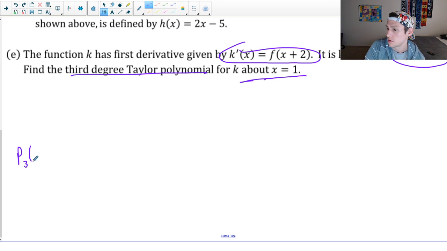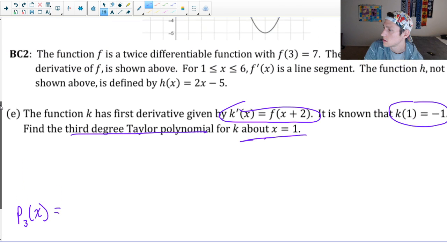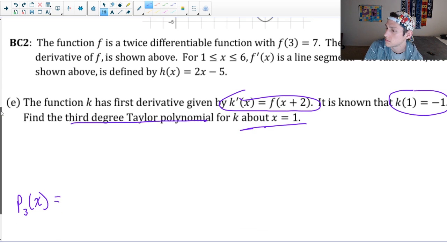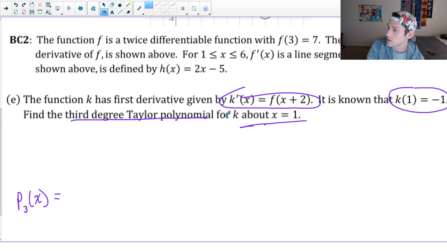So, P3, third degree Taylor polynomial. First derivative given by this. Okay, so this is a Taylor polynomial for k, whatever the function k is.